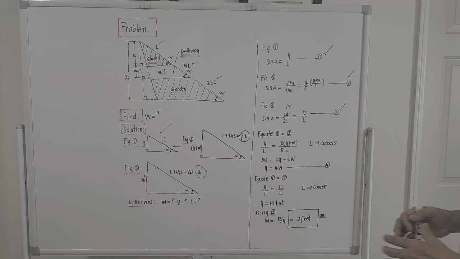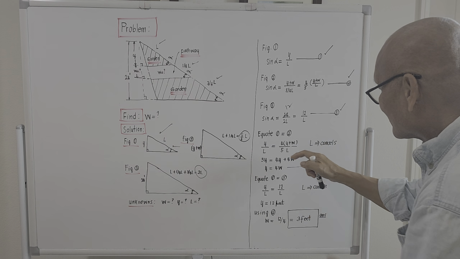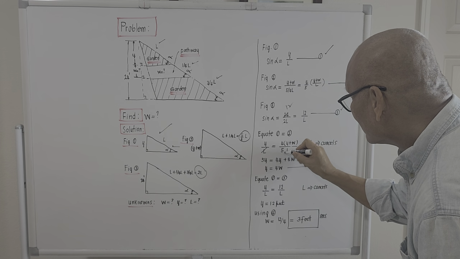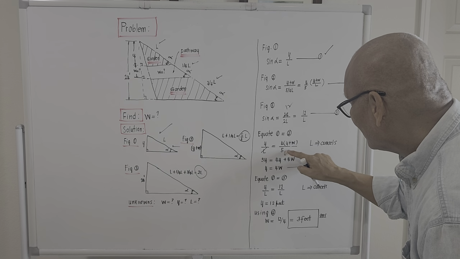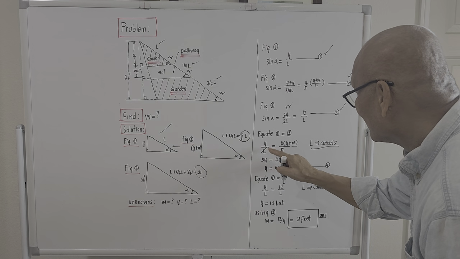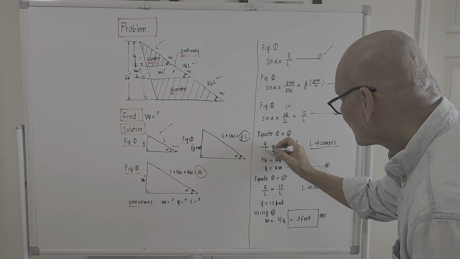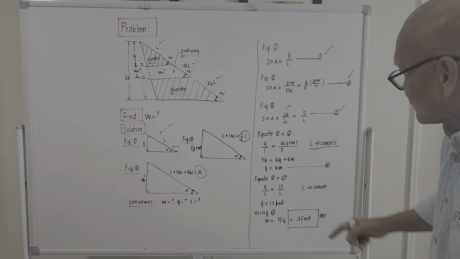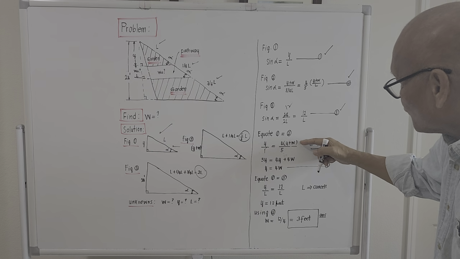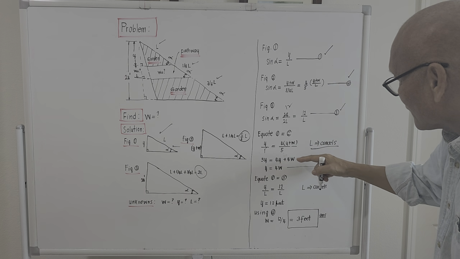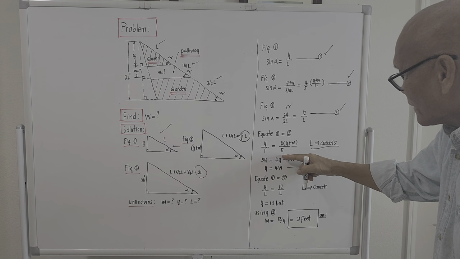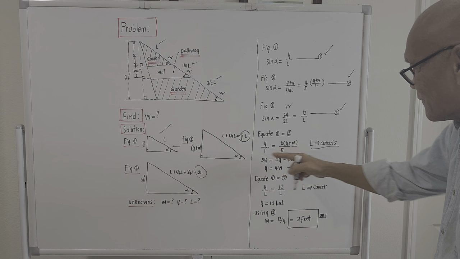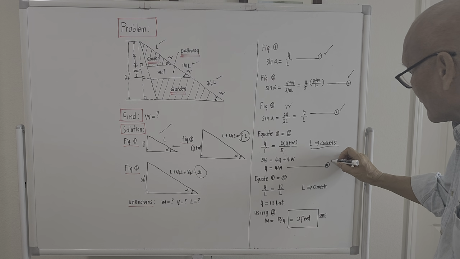The L cancels, and we can replace it by 1. Simplifying, y times 5 will be 5y. If we expand this, it becomes 4y plus 4w. This is a y term, we put it on the left, so 5y minus 4y will be y. What remains on the right will be 4w. That will be equation number 4.